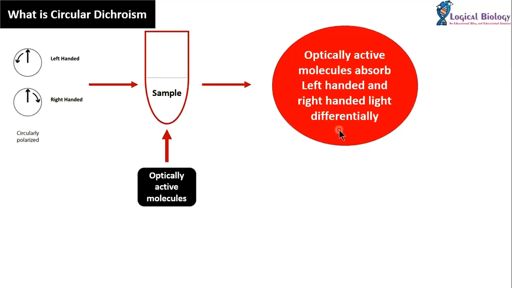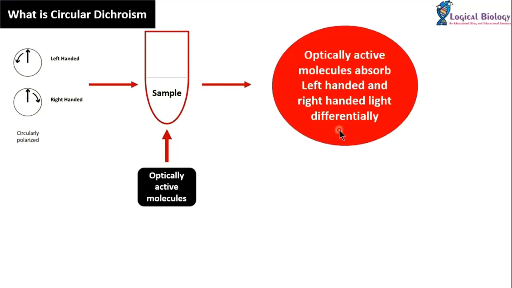So what we get from this is, when we have a sample which is optically active, it absorbs left-handed light as well as right-handed light, but the absorption for these two is not identical. Left-handed can be more than right-handed, or right-handed can be more than left-handed. This situation is called circular dichroism.